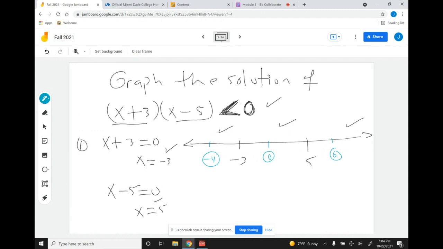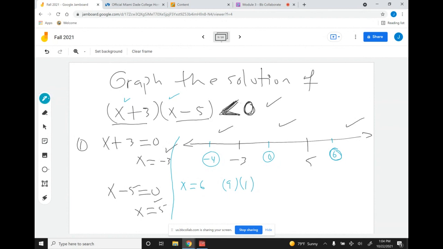Then I'm going to check each of them. I'm going to take 6 and replace it here, and see whether the statement that I get is true or false. When x equals 6, what happens? 6 plus 3 is 9, and 6 minus 5 is 1.